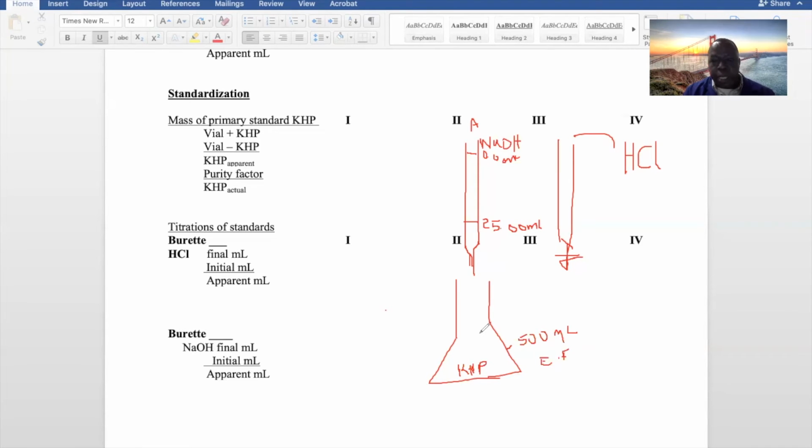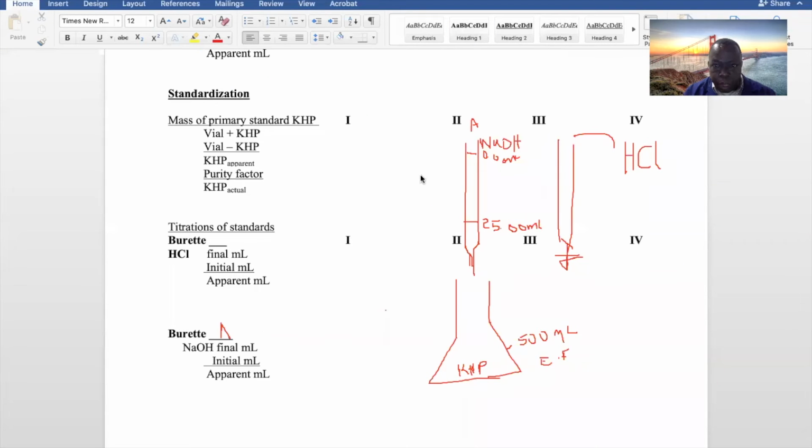It is over titrated, and this is the total volume here for burette A for NaOH.